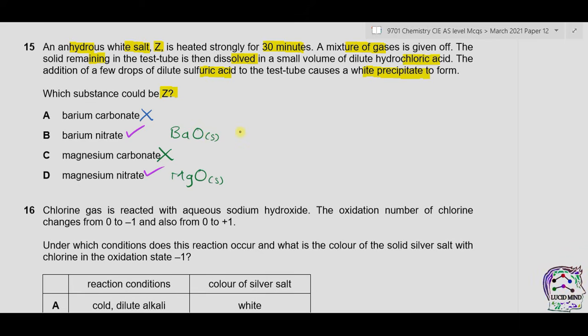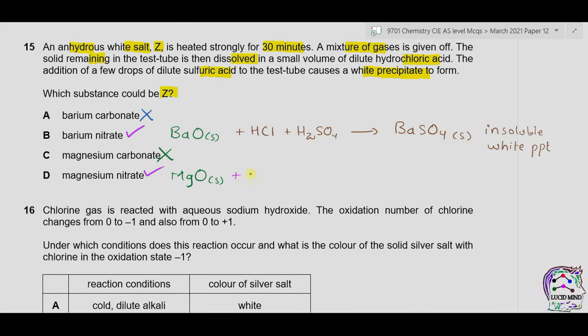So in the presence of HCl and H2SO4, it will form a precipitate of barium sulfate. Now barium sulfate is an insoluble white salt. The second compound, that is barium chloride, is soluble, so therefore that is not needed.